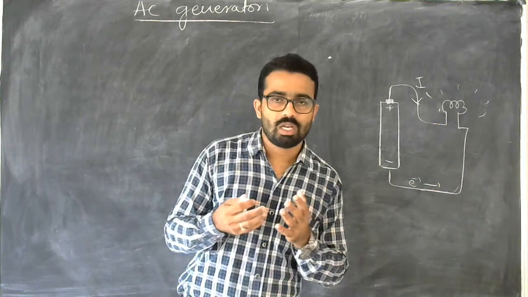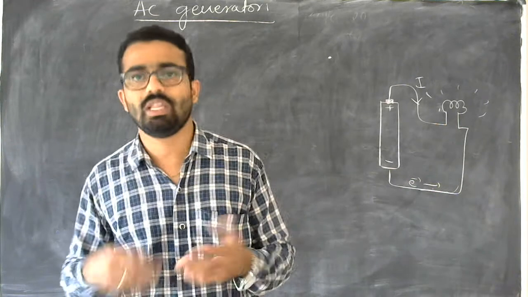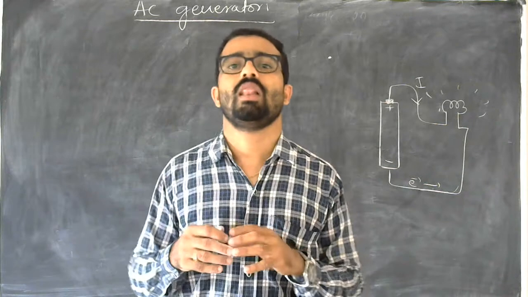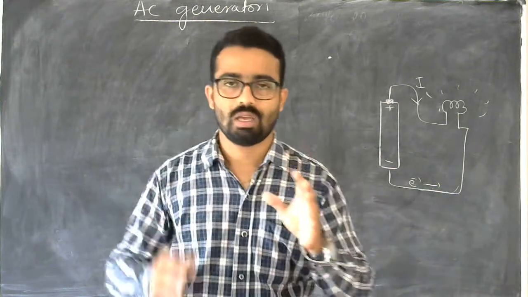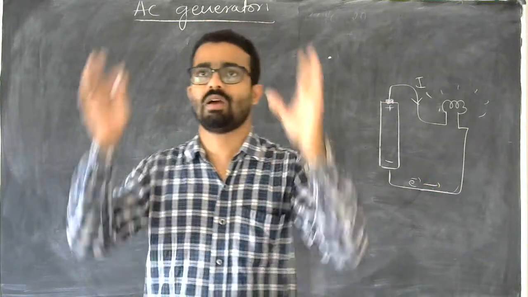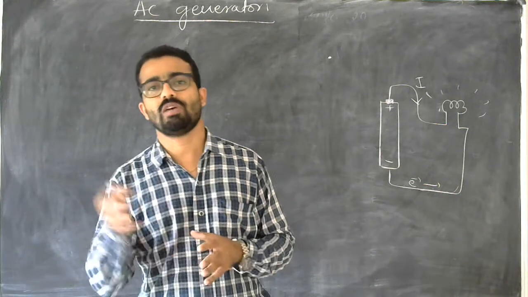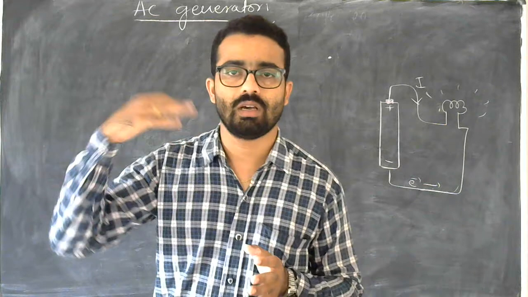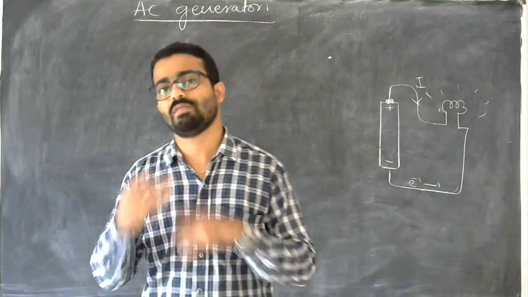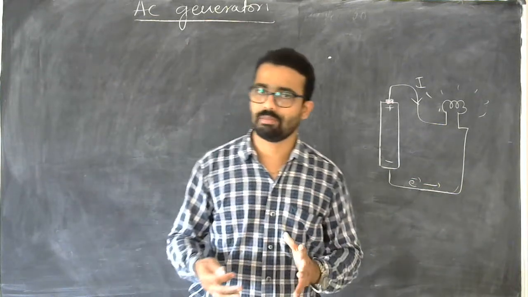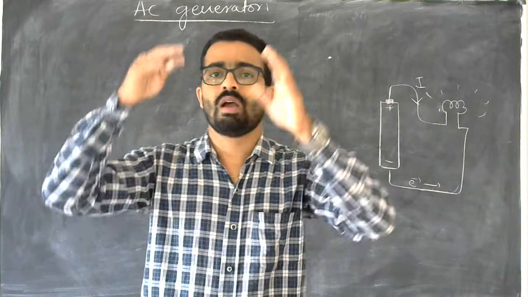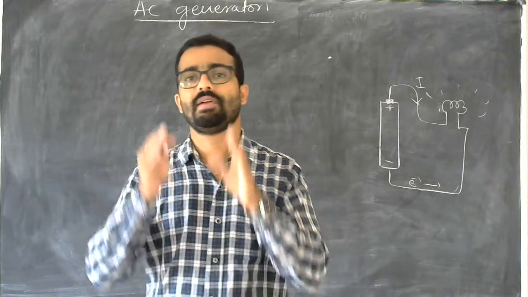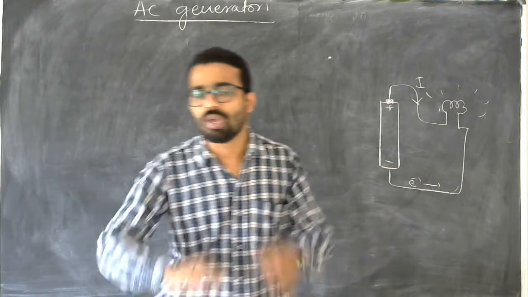To rotate that, they fill some fuel in some containers. Because of it, that wheel will rotate. Because of the rotation, it will produce some energy. After filling the fuel, the wheel will rotate.